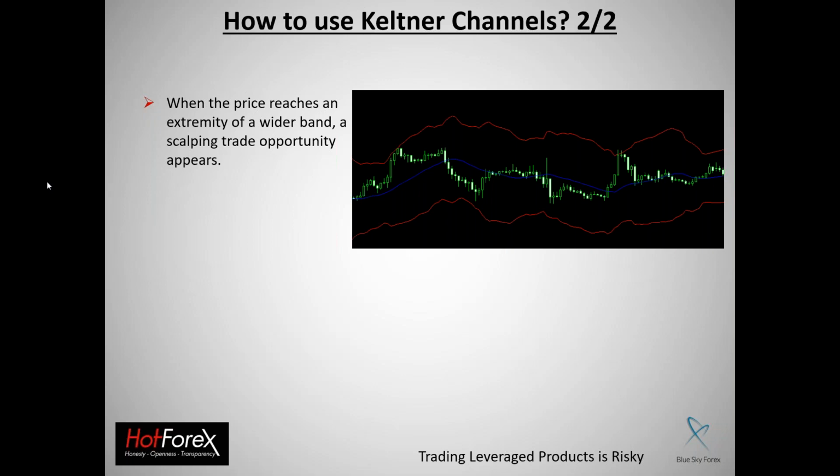So for example, if the price reaches the upside extremity and you also witness on the RSI or the stochastics that the price is in the overbought area, then you have an additional confirmation that the price has a higher probability of bouncing off from the top side and chasing the bottom band now.